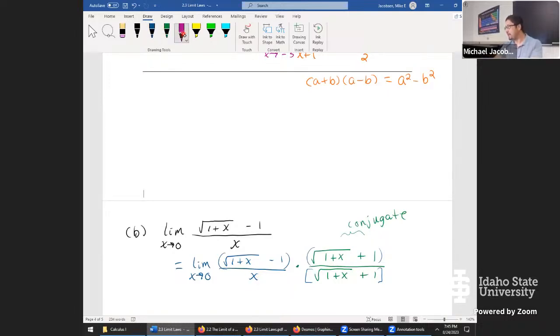So if I multiply, say, here to here, that's just the a squared portion. We're going to get root 1 plus x times root 1 plus x, but that just solidifies into the limit as x goes to 0 of just 1 plus x. Completely wipes off the square root. Now notice there's only 2 terms here, because when you multiply to this, I have positive root 1 plus x.